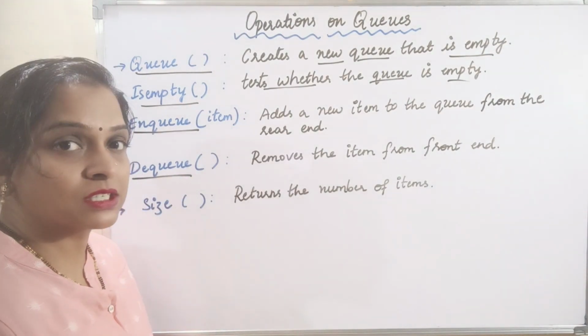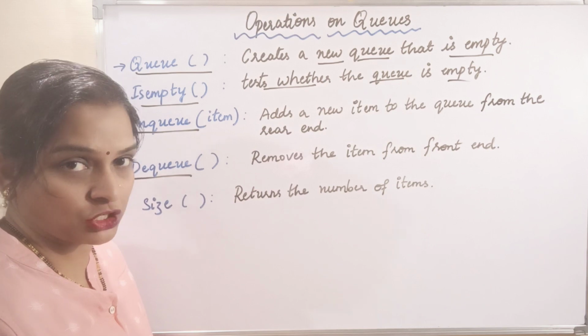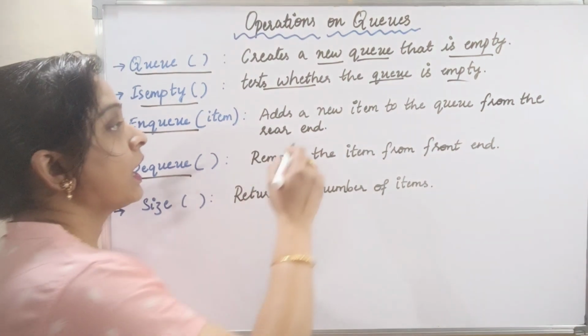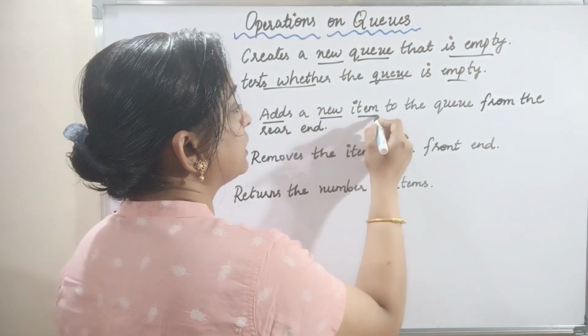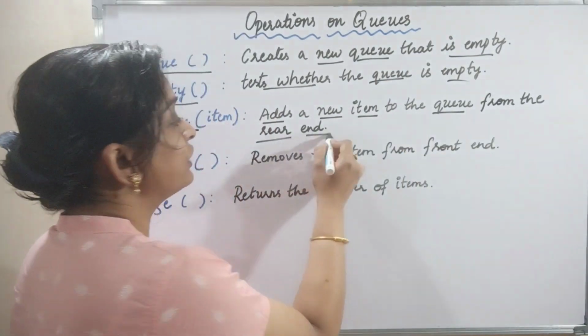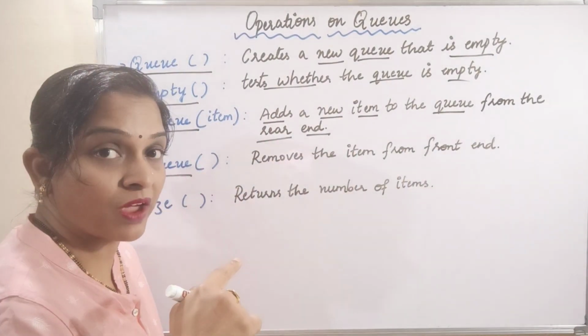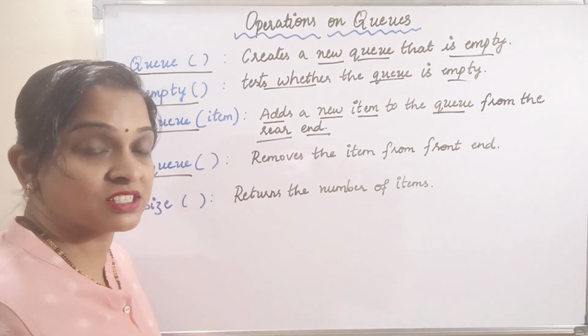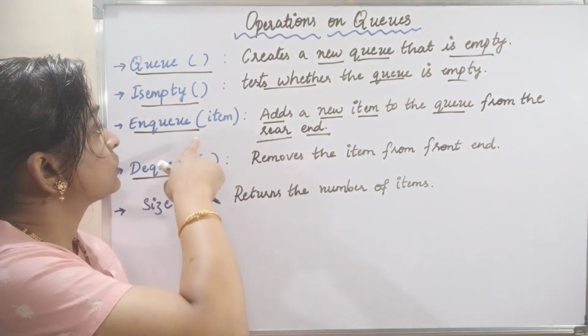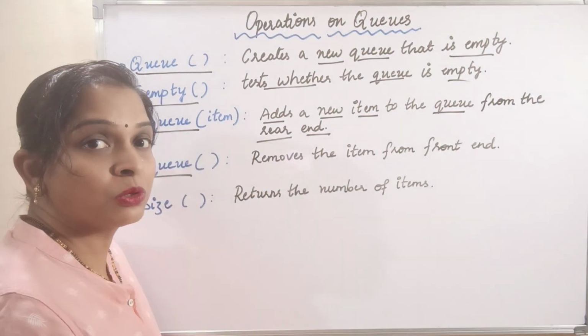NQ is just like the push operation. So we are going to add a new item to the queue from which end? Rear end. We discussed in the previous video what the rear end and front end are. So NQ says you are going to add a new item.